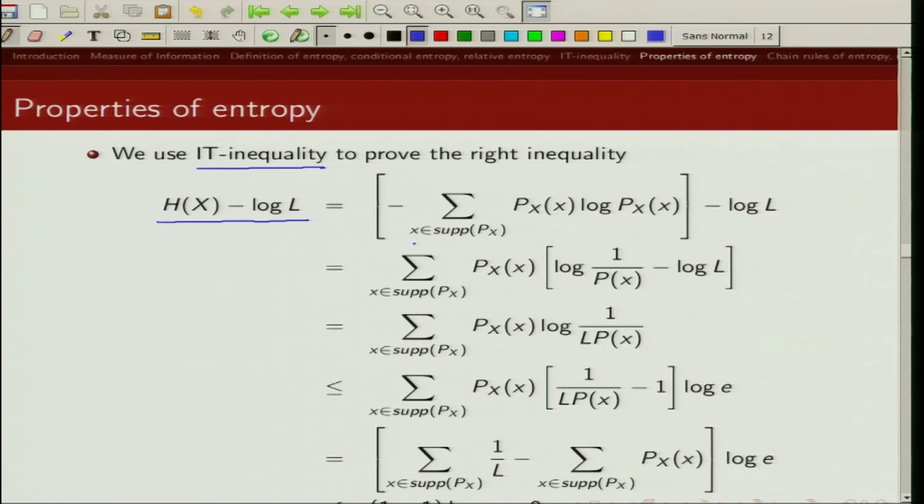So first thing I did was, from the definition of entropy, I wrote down the expression for entropy.